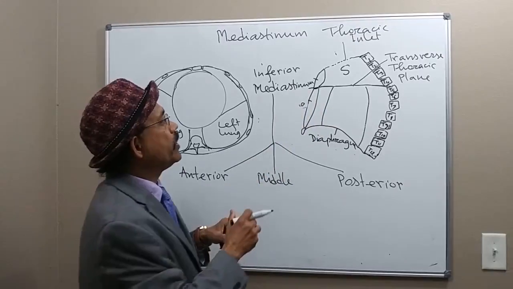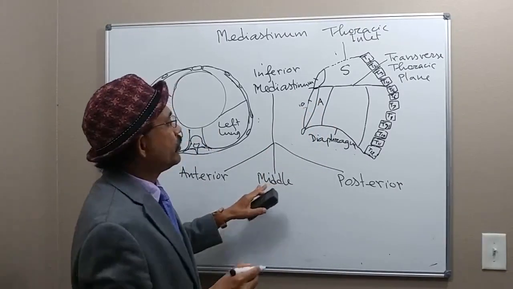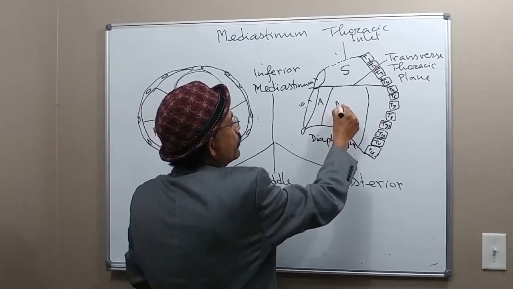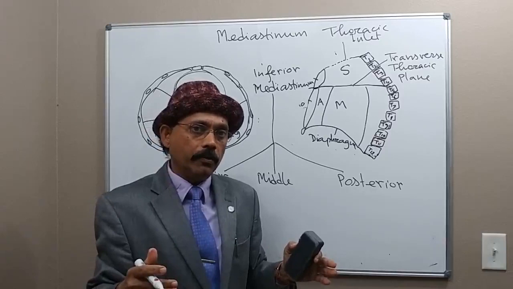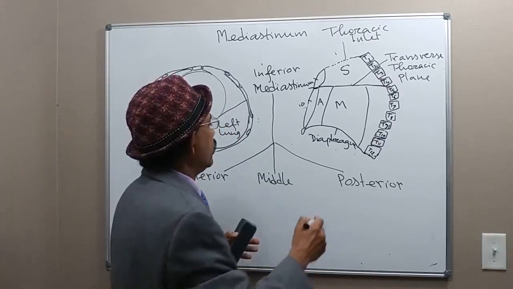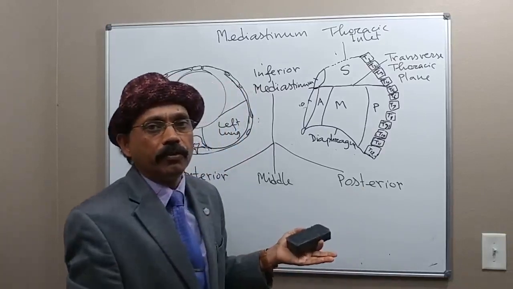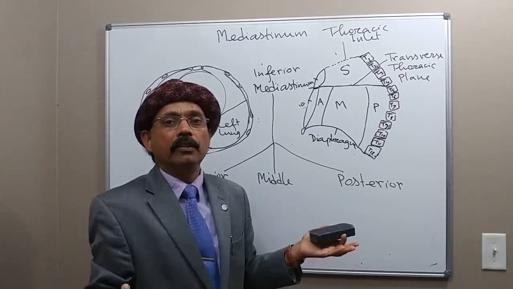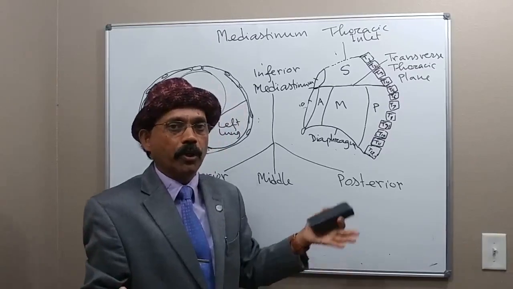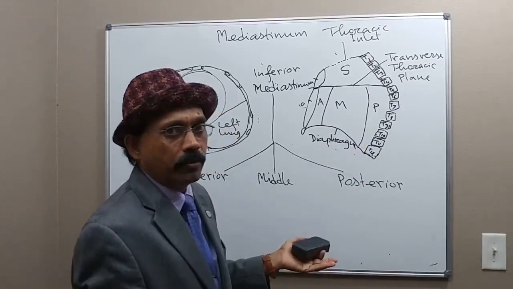This is the anterior mediastinum. This is the middle mediastinum. That is the heart and the pericardium and the root of the blood vessels. This is the posterior mediastinum. It contains the esophagus, the descending thoracic aorta, most part of the azygous vein, hemiazygous vein, also the nerves, vagus nerve.